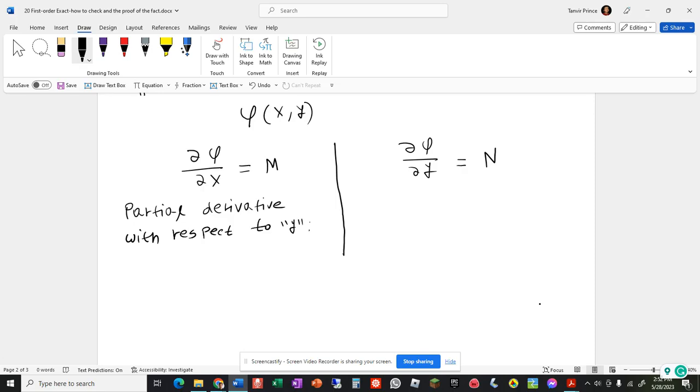I'm taking the partial derivative of both sides with respect to y. So the left hand side, if I take the partial derivative with respect to y, that is exactly the second partial of phi, first with respect to x and then with respect to y. And here is simply the partial derivative of m with respect to y.